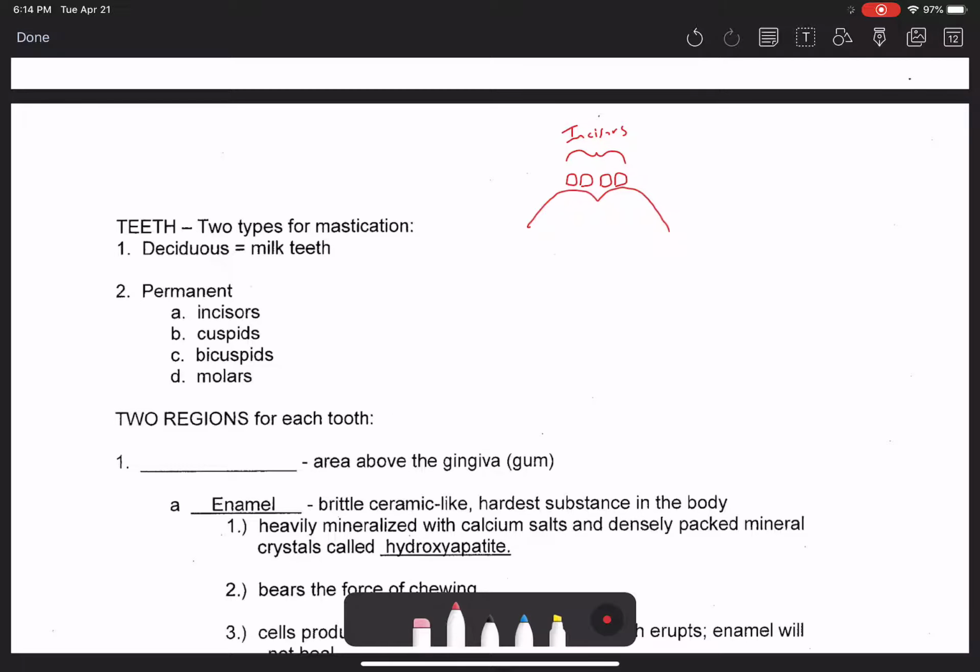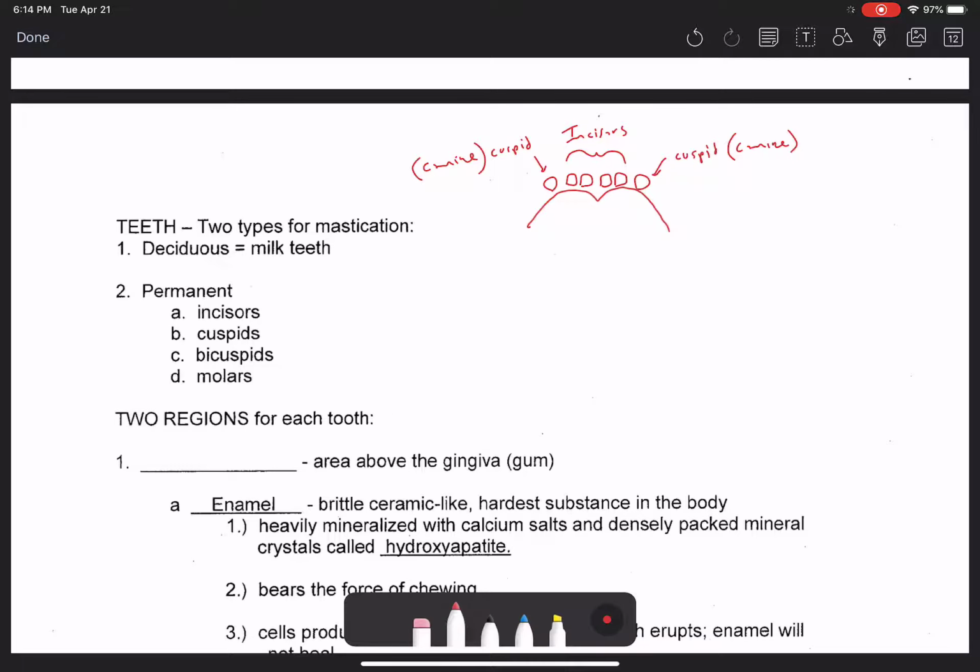And then lateral to the incisors, we're just going to have one canine, otherwise known as cuspid tooth, on each side. So here we have a cuspid or canine tooth. And then over here we have another cuspid or canine tooth.